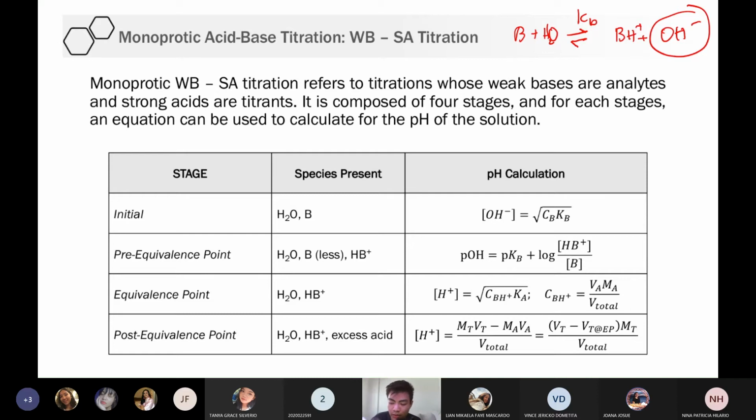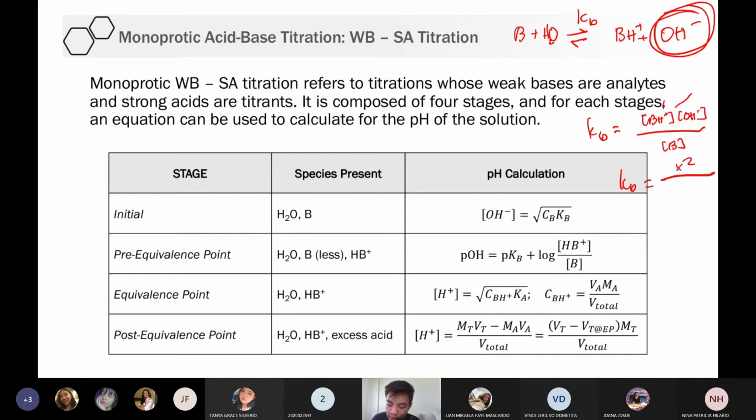This is Kb because it is a base equation, we get OH on the product side. If you write Kb for this equation, it is the concentration of BH plus times the concentration of OH minus divided by the concentration of base. The water is not included. You know why, because the concentration of water is constant.